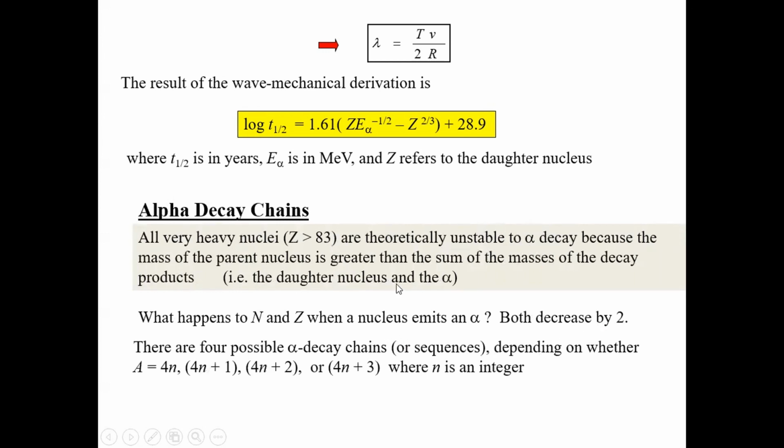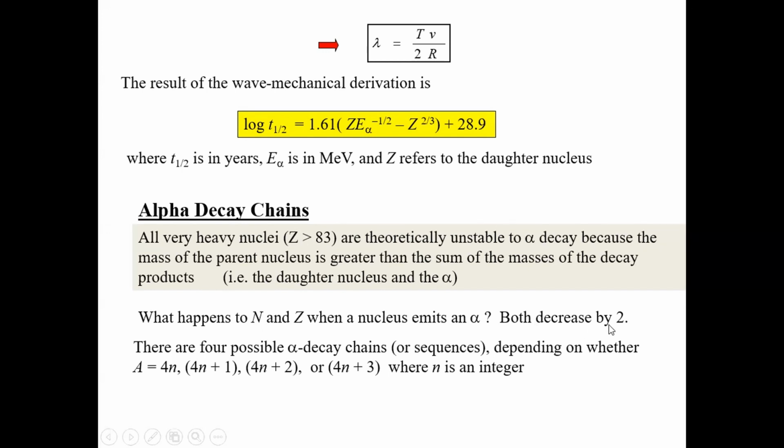The alpha chains are well known in unstable isotopes for very heavy nuclei, Z greater than 83, that are theoretically unstable. Alpha decay occurs because the mass of the parent nucleus is greater than the sum of the masses of the decay products, the daughter nucleus and the alpha particle. So what happens to N and Z when the nucleus emits an alpha particle?